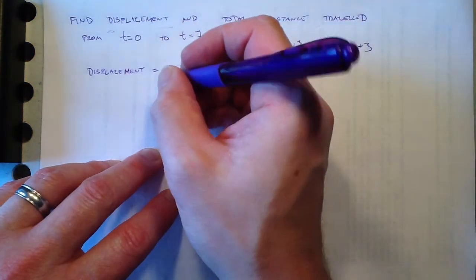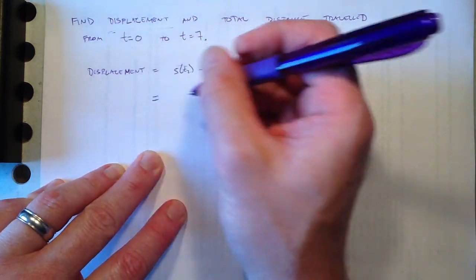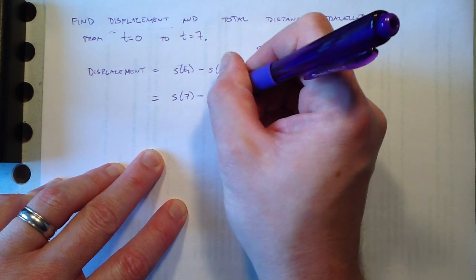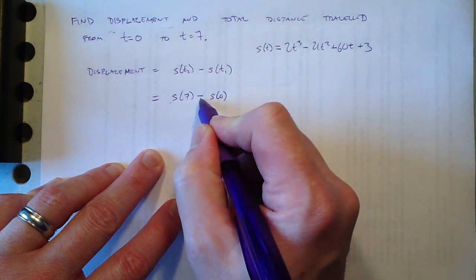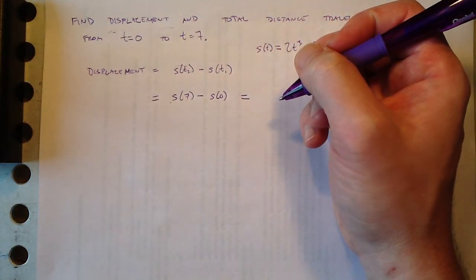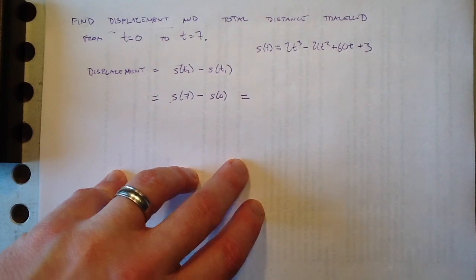So my displacement from time 0 to time 7 would be s of 7 minus s of 0. In other words, where you are at 7 minus where you are at 0. And let's see, I might cheat and use my calculator for the s of 7.